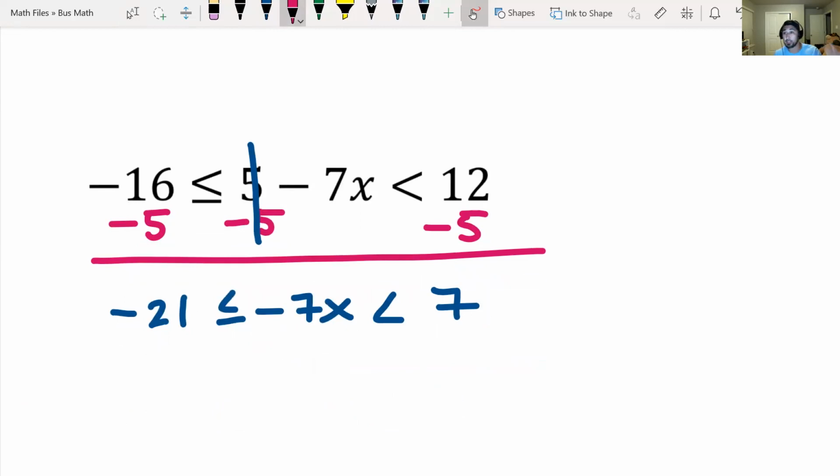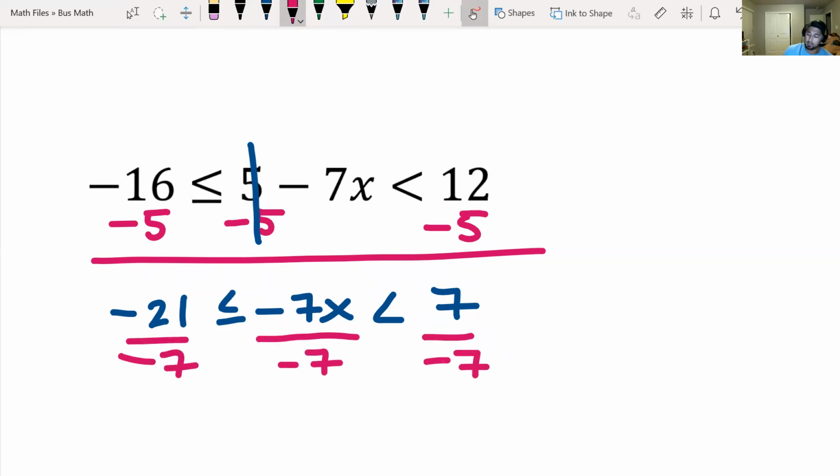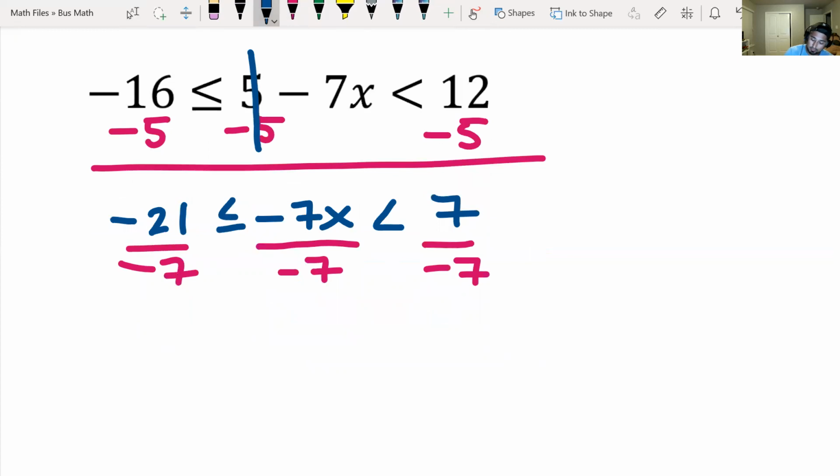And now to get x by itself, we will divide by negative 7. Divide by negative 7, divide by negative 7, divide by negative 7, and here's what we have.